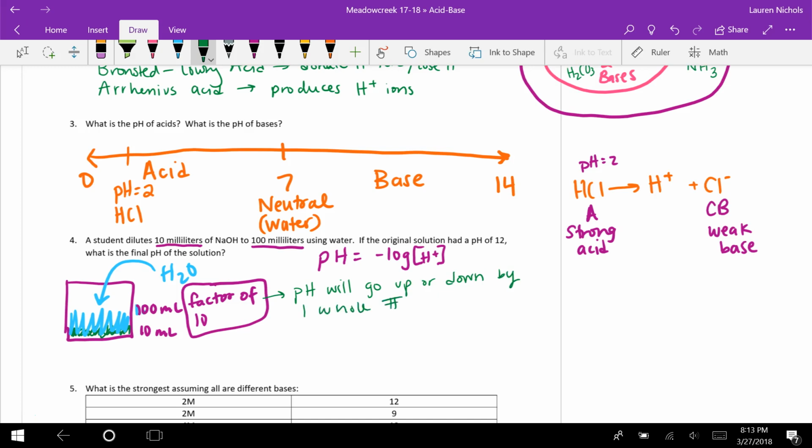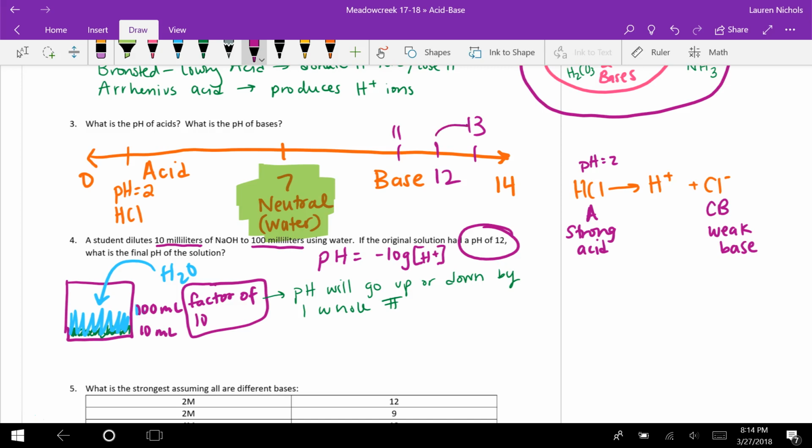Now I could walk you through the math, but most of you probably don't even want to know the math. So if you do, you can come see me in class. But if we think about it, we know that water is right here, right? It's 7 on the scale. And so if we're starting at something that has a pH of 12, and we're adding water to it, it could change by a factor of 10. It could either go to 11 or it could go to 13.